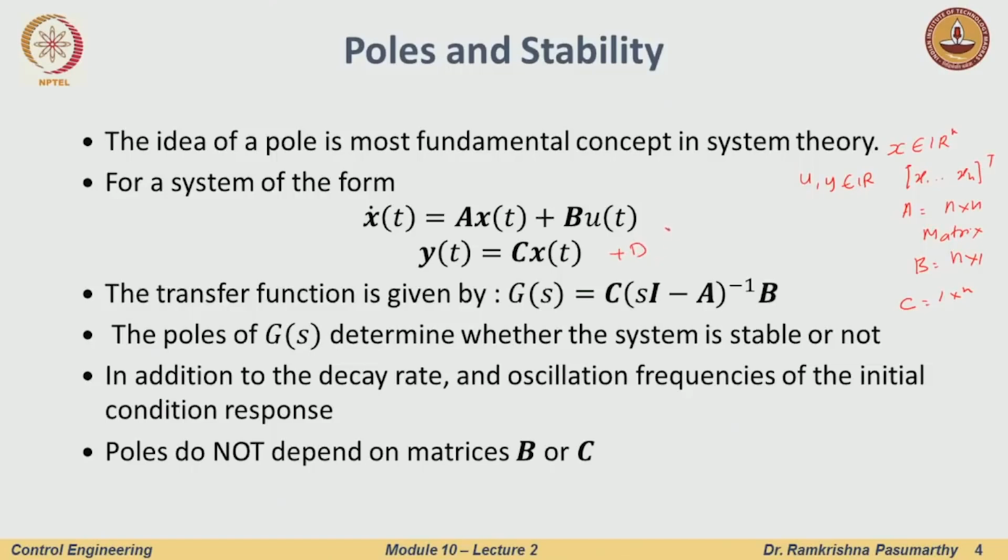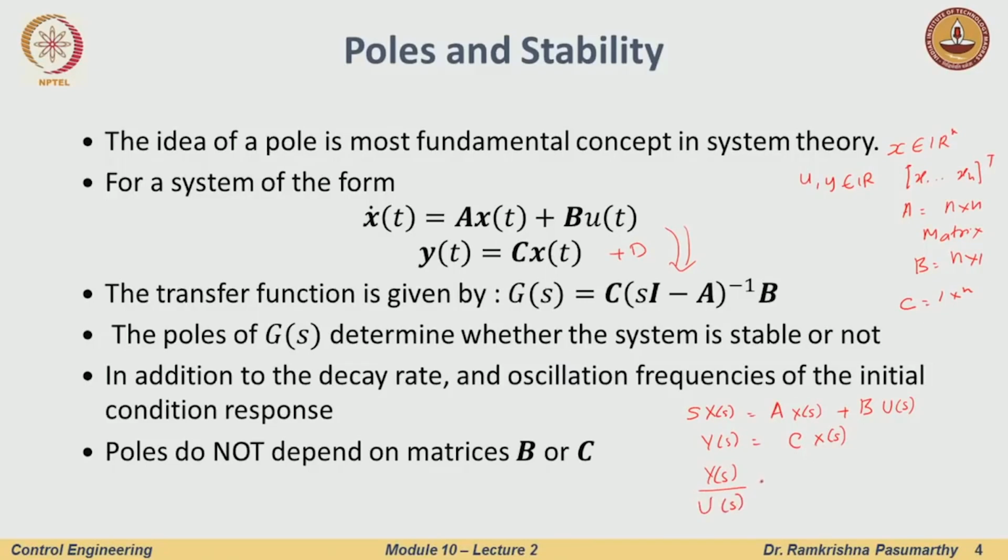So how do I go from here to here? I just take the Laplace transform of this: s X(s) is A X(s) plus B U(s), and then Y(s) is C times X(s). Then I keep eliminating things. I'll skip the steps here, but this should be very straightforward.